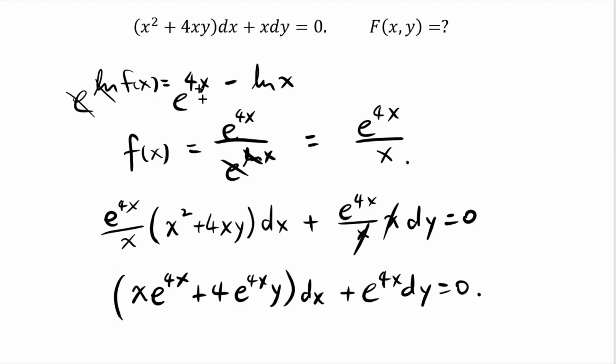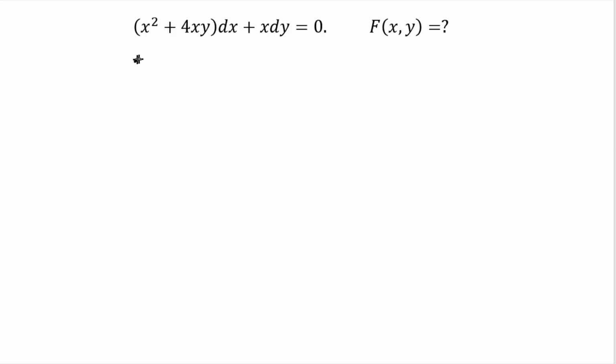In other words, if you take this differential equation, you can see that they're all divisible by x, right? So you can divide by x and then you multiply by e to the 4x. The resulting equation is (x e^(4x) plus 4 e^(4x) y) dx plus e^(4x) dy.